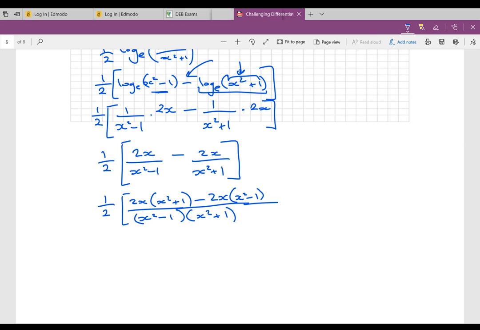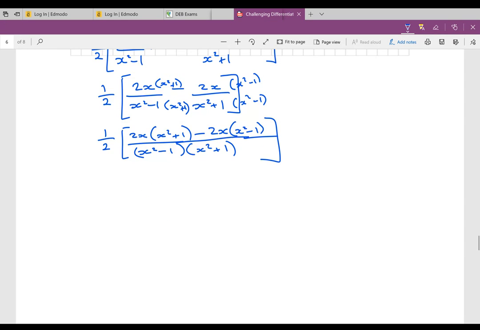So to get the common denominator, I'd have to multiply the 2x by the x squared plus 1 and the other 2x by the x squared minus 1. That gets me my common denominator. Make sure you absolutely know that step there.